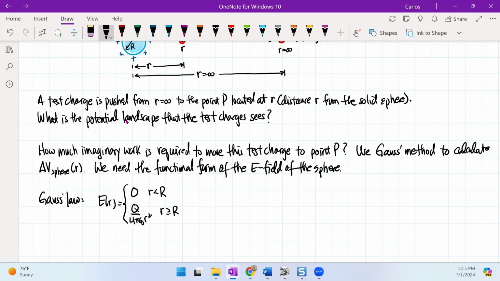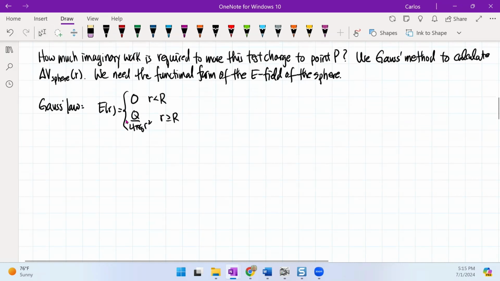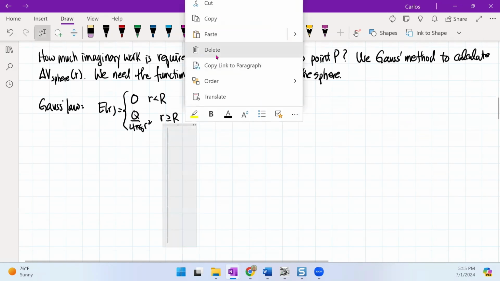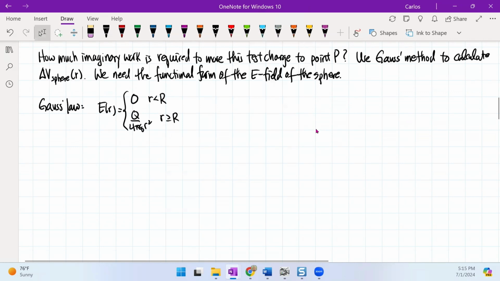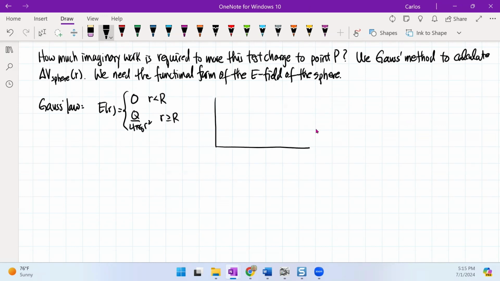So if I was to plot this, I'm going to take a curve like this. And here is going to be only a quarter of the sphere.